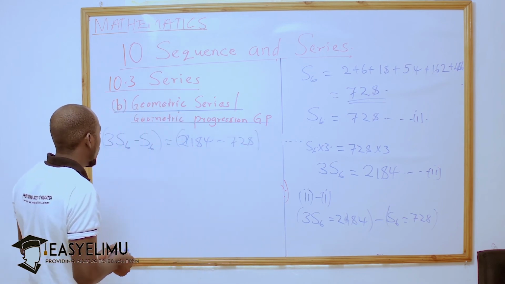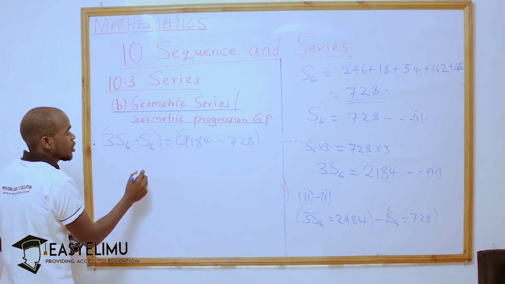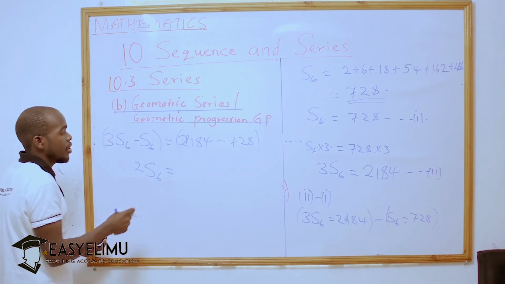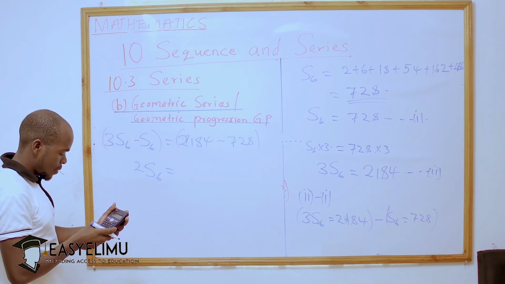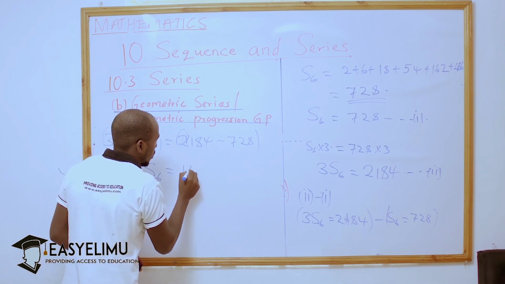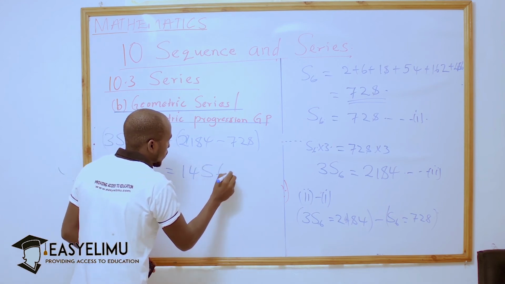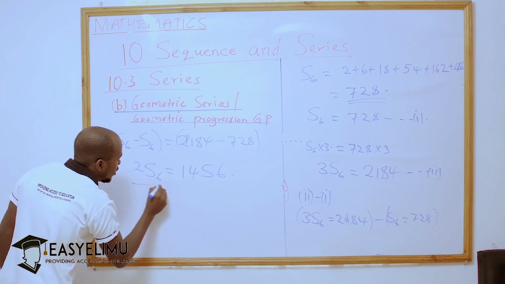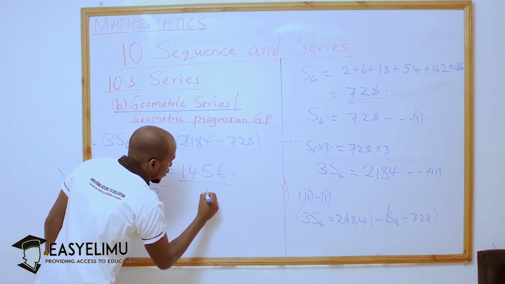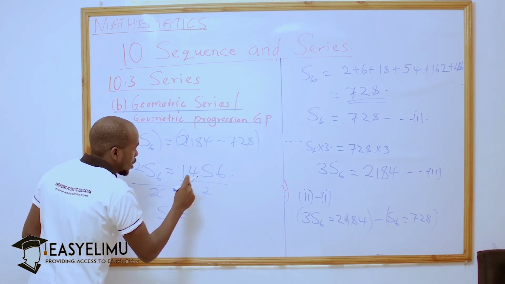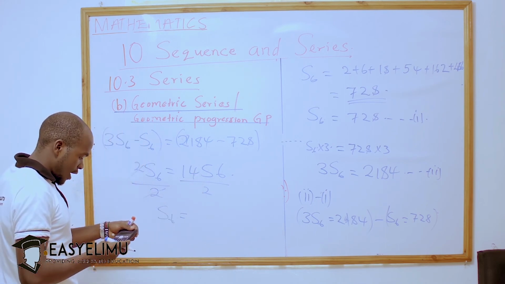If you subtract, you remain with 2 S6, and here you will get 1456. To find S6, you divide both sides by 2, and you will find that S6 is equal to 1456 divided by 2, and you are going to get 728.